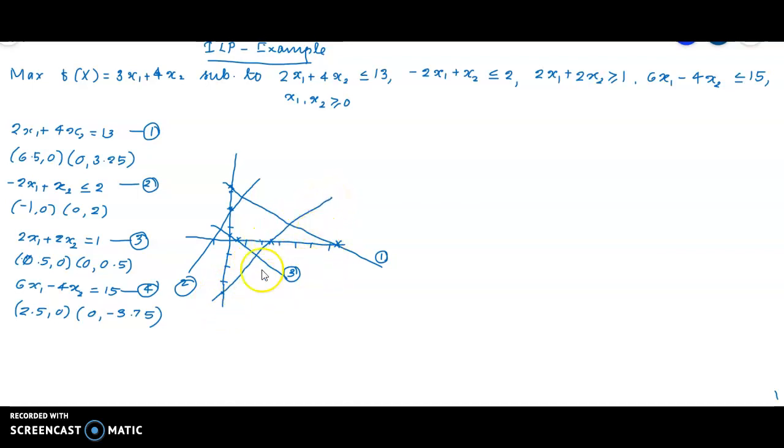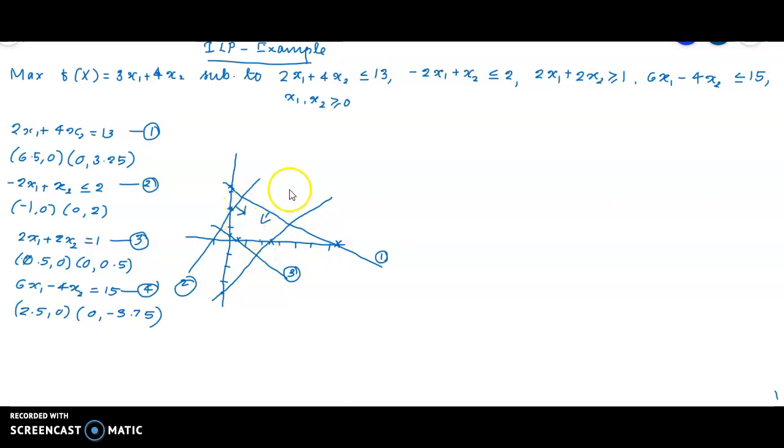The region will be like this. For the first line, 2x1 plus 4x2 less than or equal to 13, substituting 0, 0 less than or equal to 13, so the region containing the origin. For the second line, minus 2x1 plus x2 less than or equal to 2, 0 less than or equal to 2, the region containing the origin.